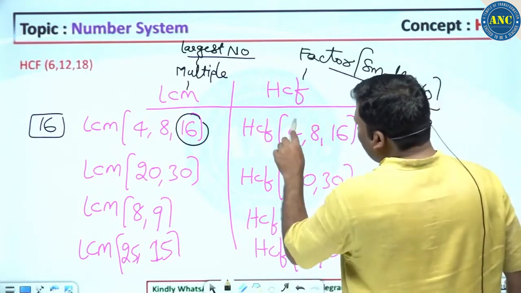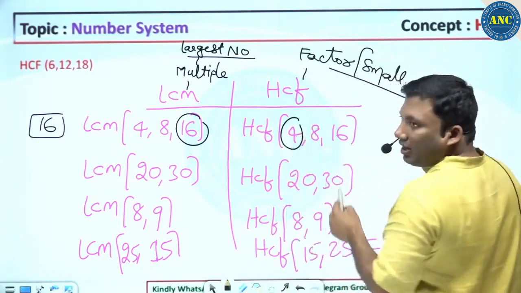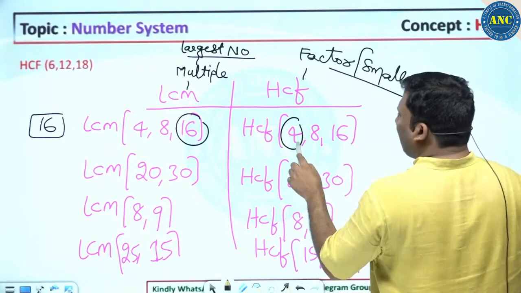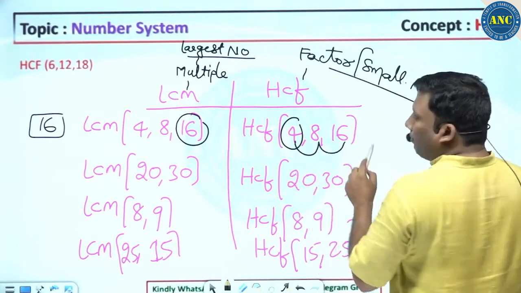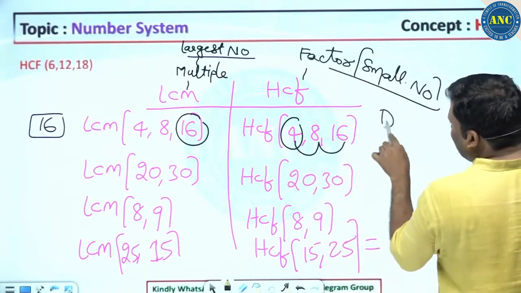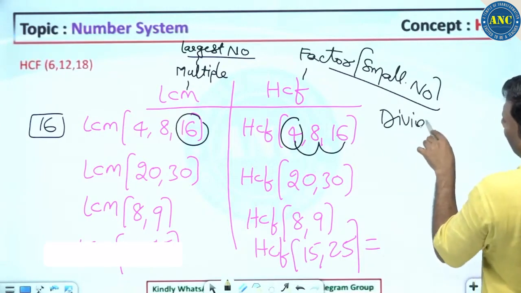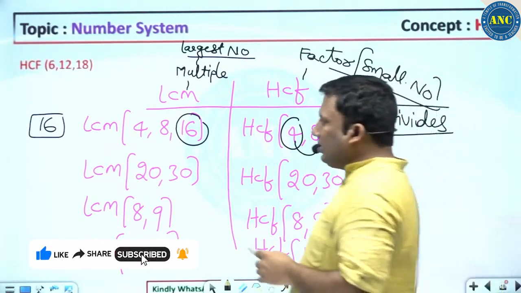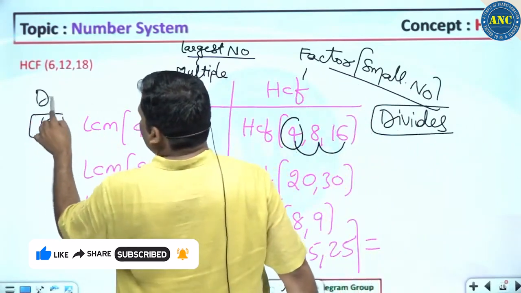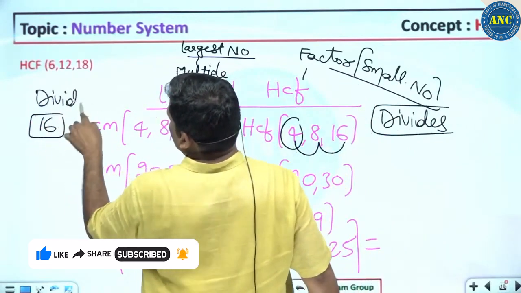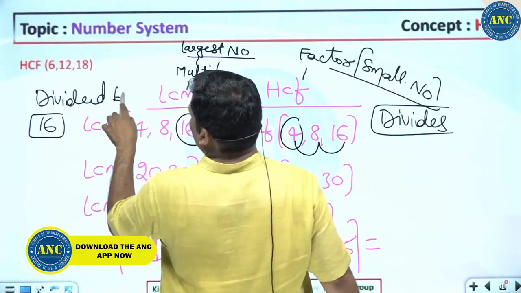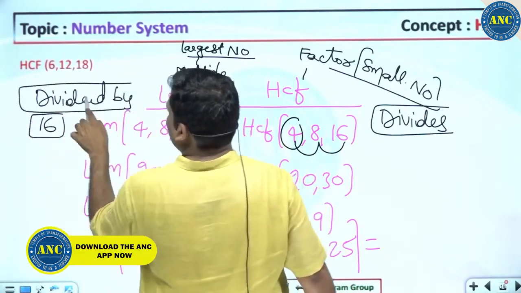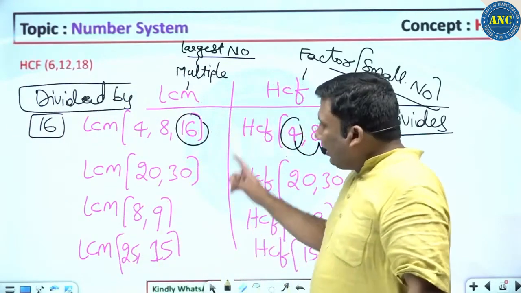HCF, smallest one. So take the smallest one. If the smallest number divides every other number, please remember it is divides. A factor divides. That is the reason you will find a lot of questions with this wording, divided by.